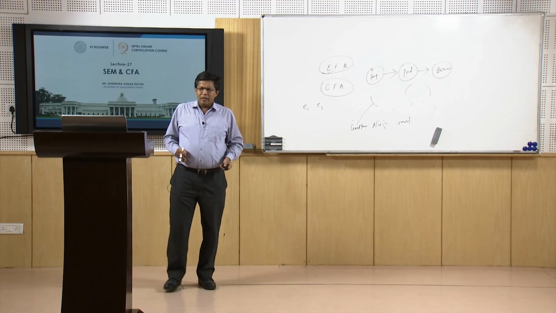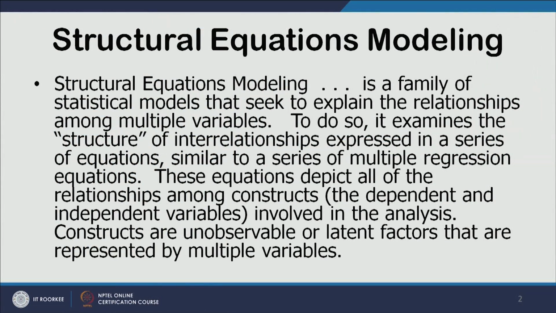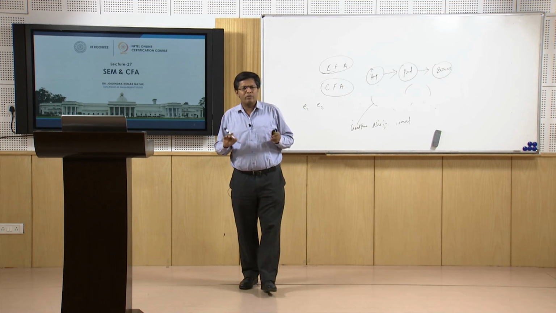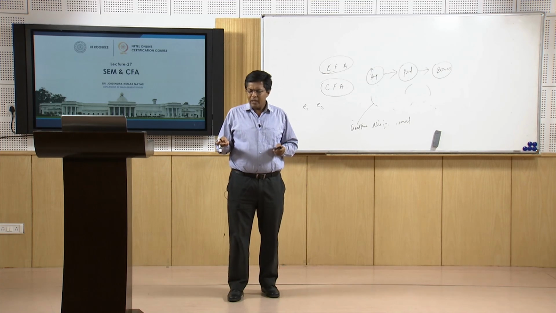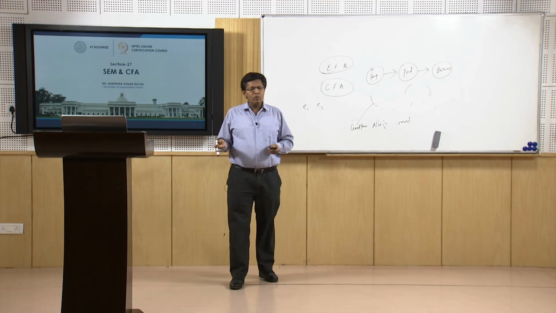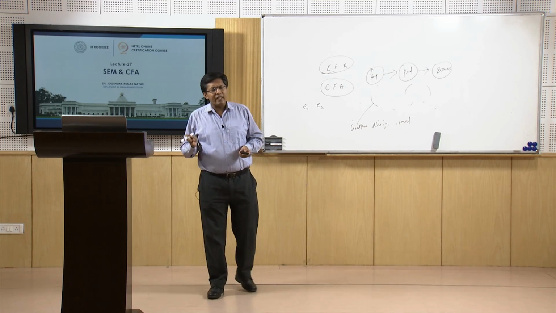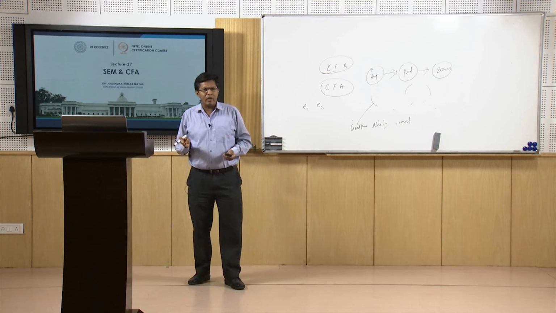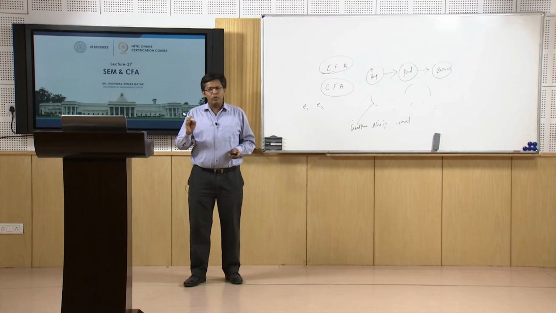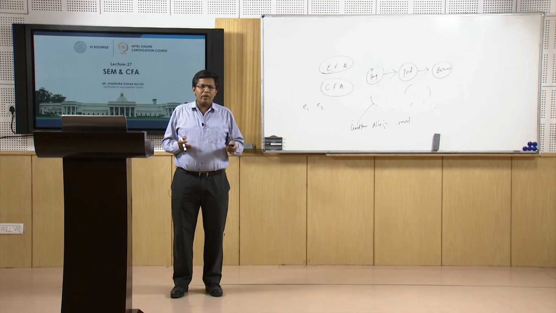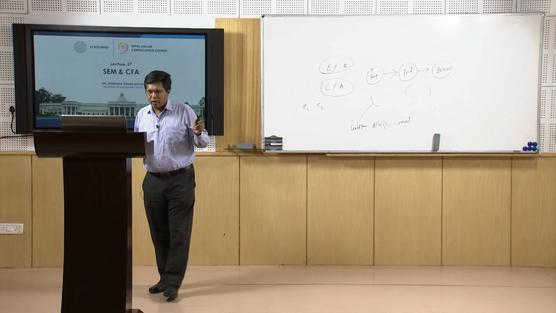Okay. So, as it says, structural equation modeling is a family of statistical models. Basically, in my earlier classes also I must have said that structural equation modeling basically comprises three important things. One, the factor analysis, two, the regression analysis, three, there is an element of the chi-square, right, the chi-square value which is highly used in structural equation modeling to test the goodness of fit of a model, which I will explain later on.